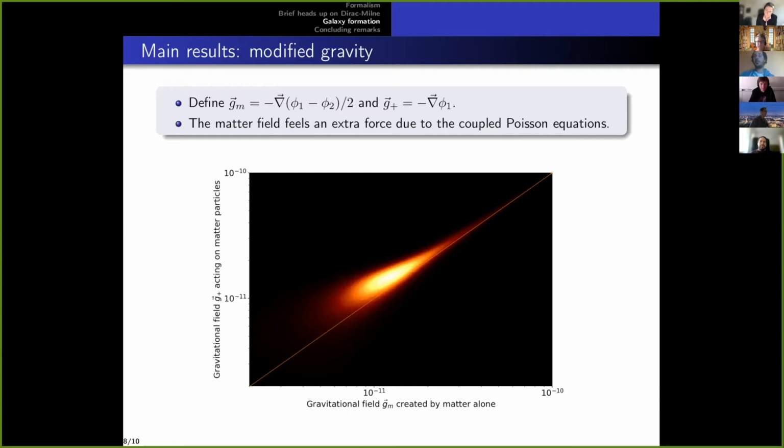And so this is a density plot. The colors are representing all the dots in my simulation, which I measured in the n-body simulation. In standard gravity, both are equal because phi2 is 0. And you see that there is a typical scale, a typical acceleration, a typical gravitational force, where this modification of gravity breaks down.